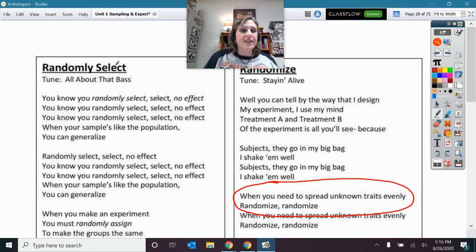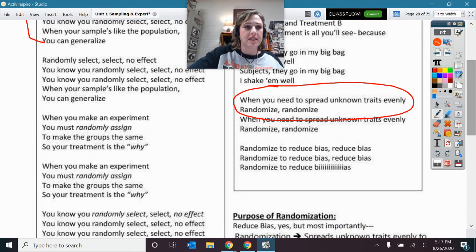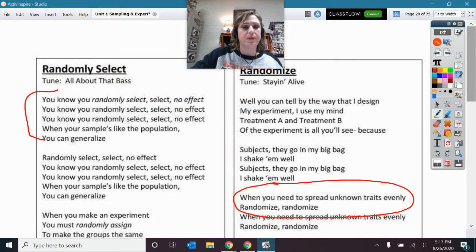Now, this song here, I don't know if you remember all about that bass, but this one does two things. It talks about random selection versus random assignment. Let's look at the lyrics real quick. Randomly select, no effect.